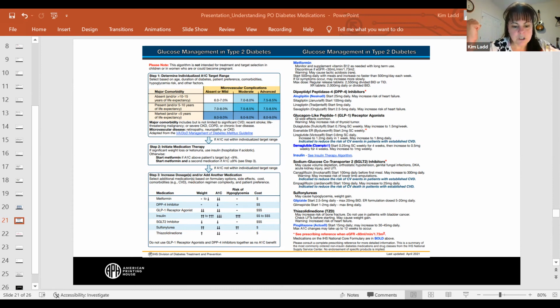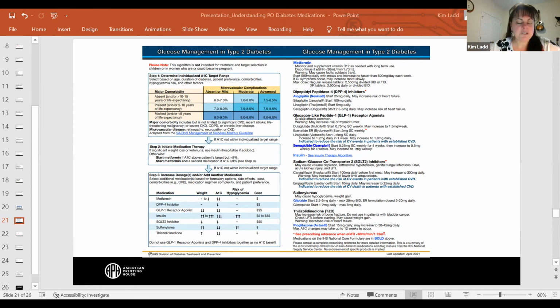If the person wants to lose weight and you want to get the A1C down and it's not too expensive, you would choose DPP-4 inhibitor. DPP-4 inhibitor doesn't change your weight. It does lower your A1C pretty well, and it's less expensive than some other medications.